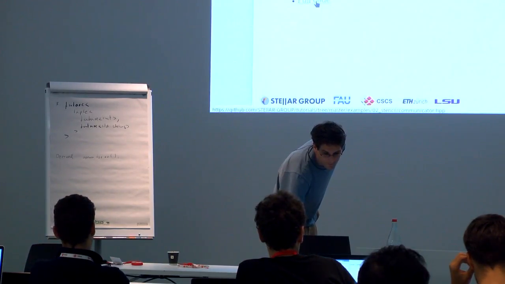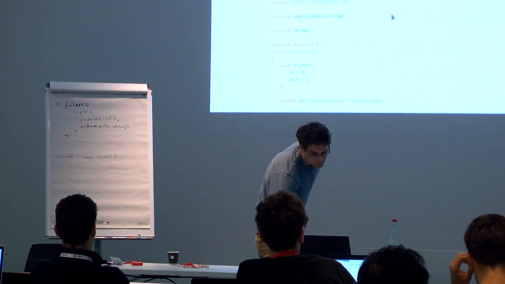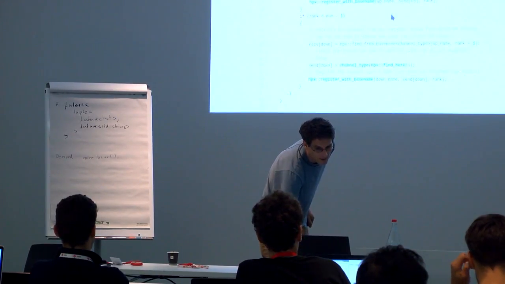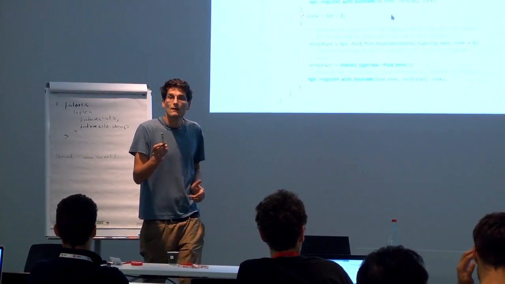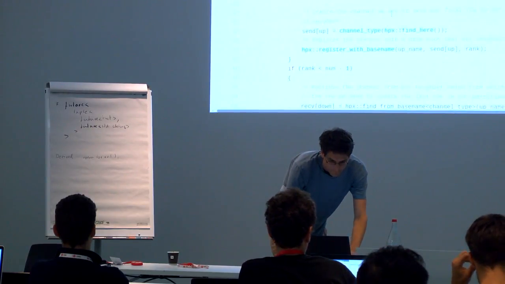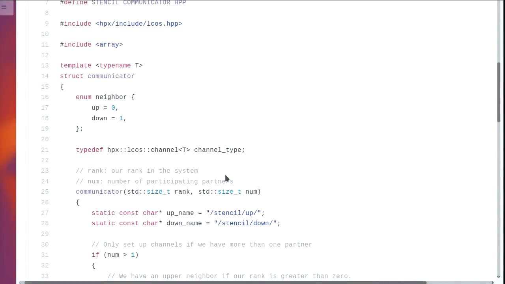So in full code, can you read it? For the example, I wrote another abstraction which I called communicator, which does exactly this boundary exchange, right? So I use a channel, and I love templates, obviously, right?